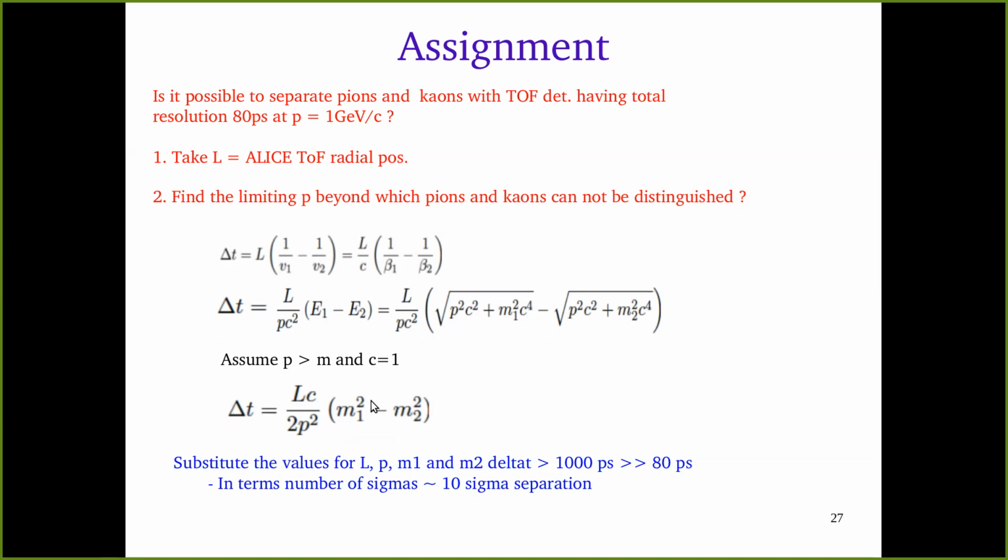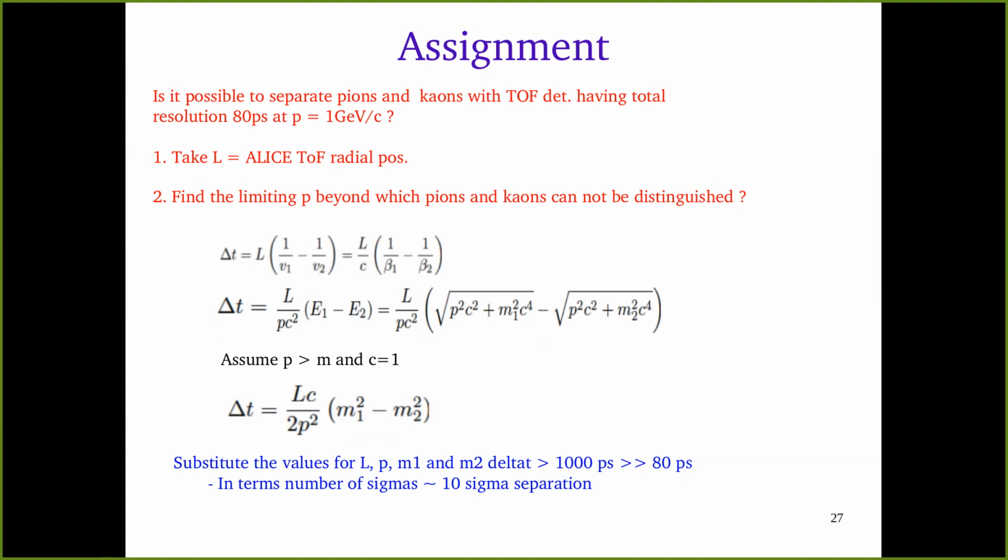So with this assumption in hand, you can directly relate the difference in the time taken by two particles in terms of their masses. One objective of taking a fixed momentum is that you want to have the relation in terms of quantities which are very well defined.